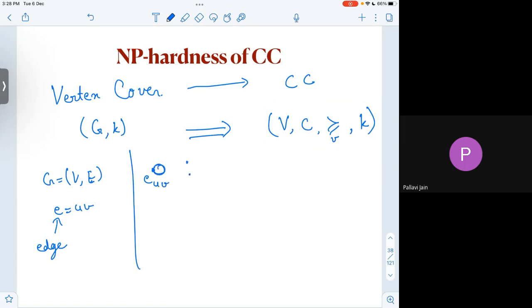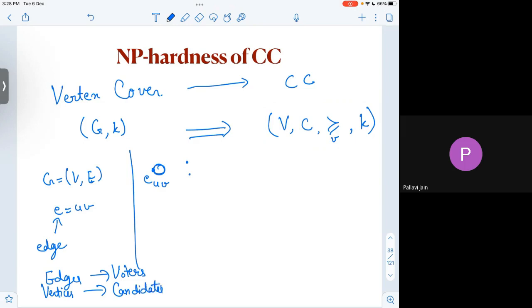With respect to every edge, I have one voter. With respect to one vertex, I have one candidate. So edges go to voters and vertices go to candidates.